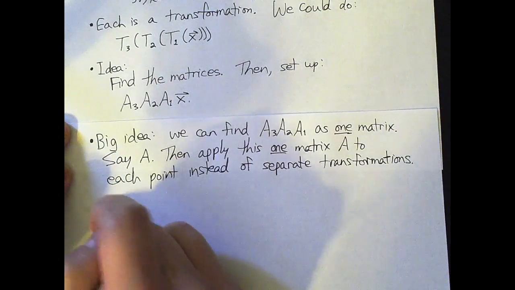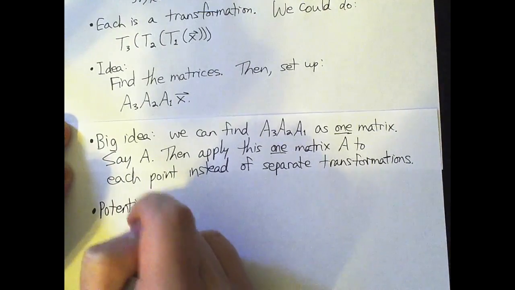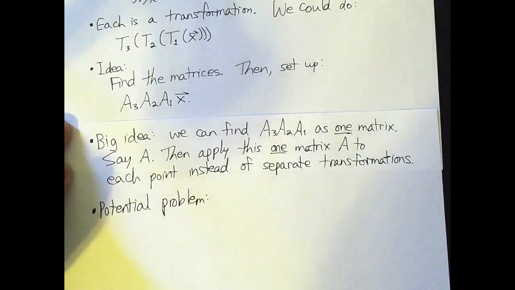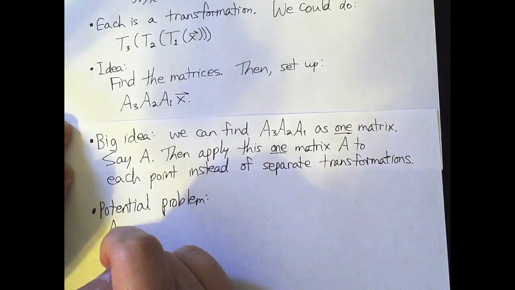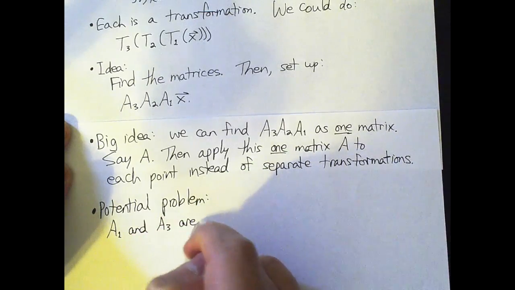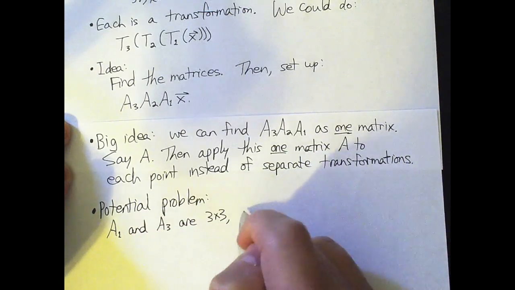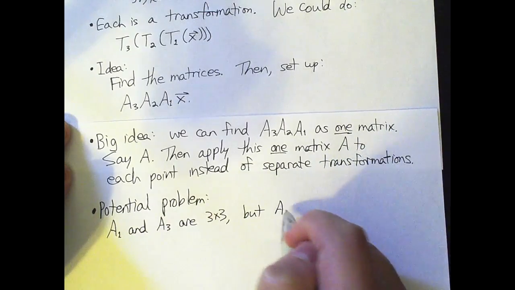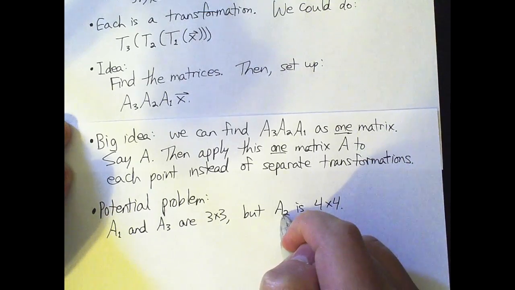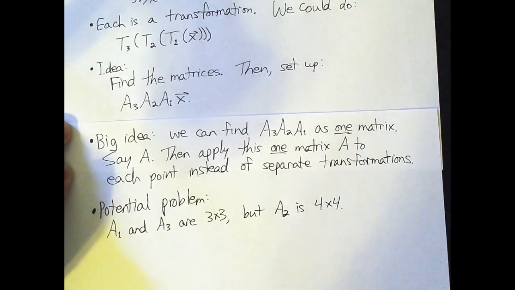Now, there is a potential problem. Are these matrices the same size? I think a moment ago I said they were the same size, but it seems like A1 and A3 are 3 by 3 matrices, but A2 is 4 by 4, right? Because we said that for translations, we were doing that trick of homogeneous coordinates.